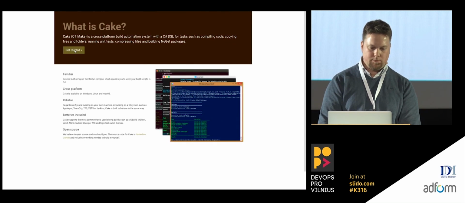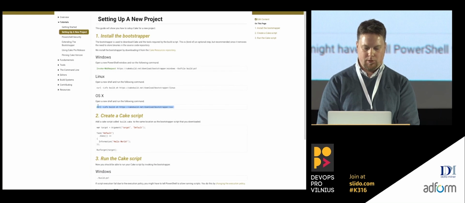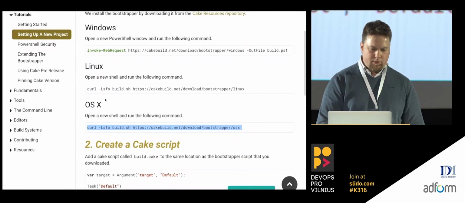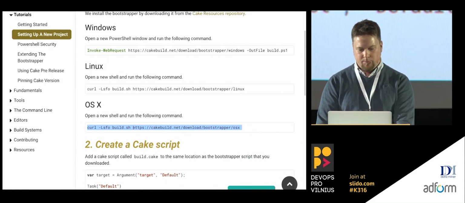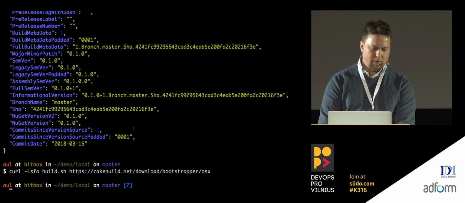What we're going to do now is introduce Cake to our build. I'll just show you. It's really easy. Just copy the code here for Windows, Linux, and macOS. That basically just downloads a bash script.